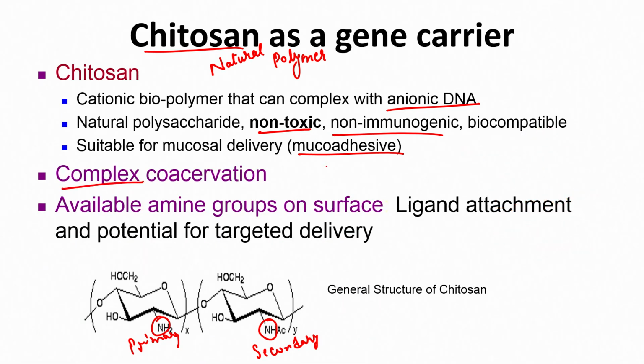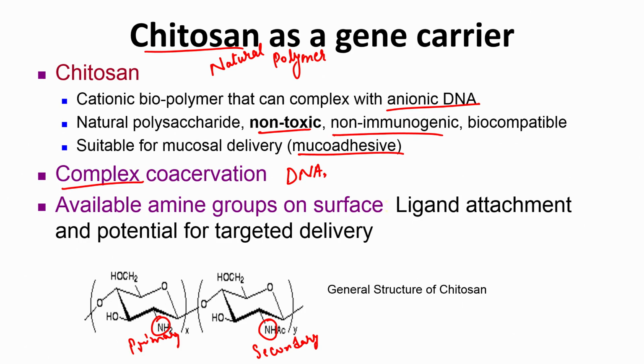And again, like PEI or any other cationic polymer, it is going to form these complexes with the DNA. So, these will form complex with DNA, and like most cationic polymers, this is going to result in a formation of particles. You can change their ratios to get different size particles, and it will be good to encapsulate your DNA.